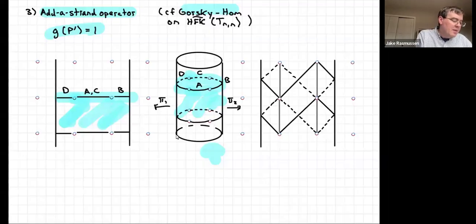Now, the other map here, again, this is a symmetric operator, but I've chosen to write it nicely with respect to these coordinates. The other map takes this annulus and wraps it around the cylinder in this way.